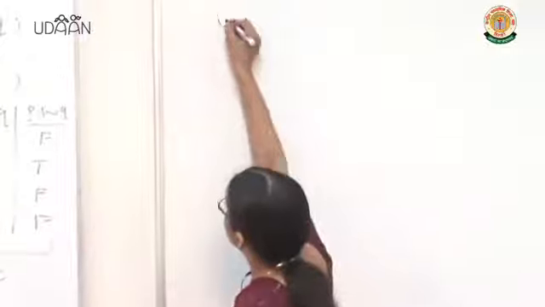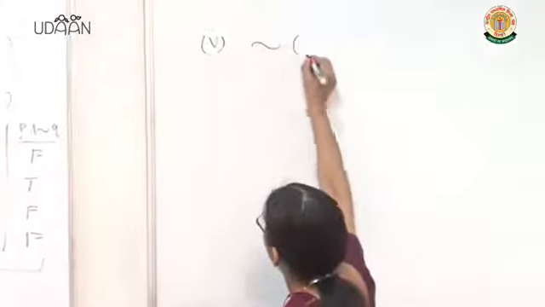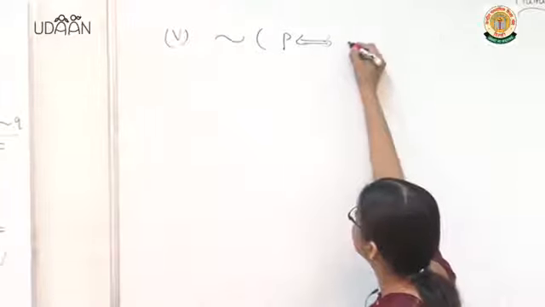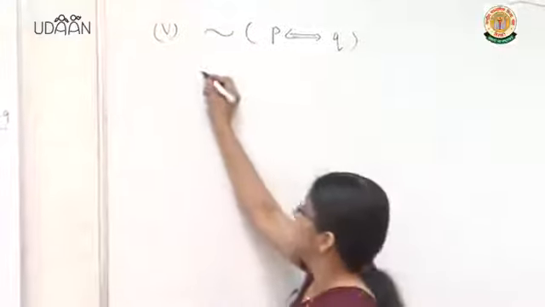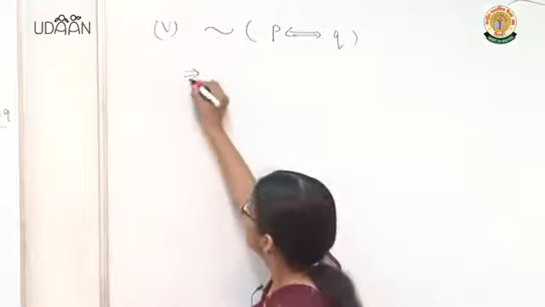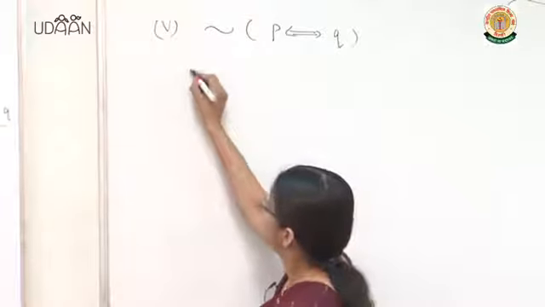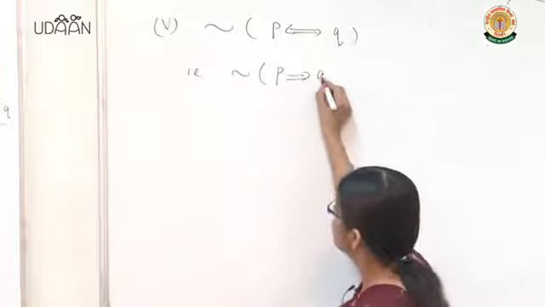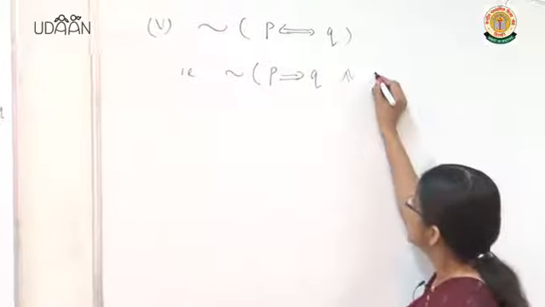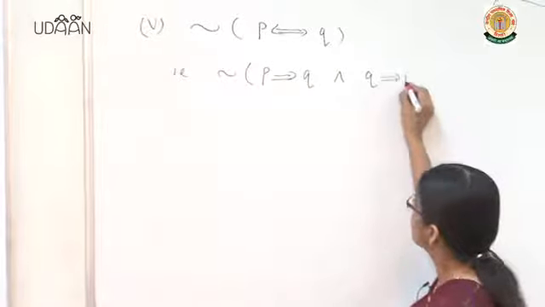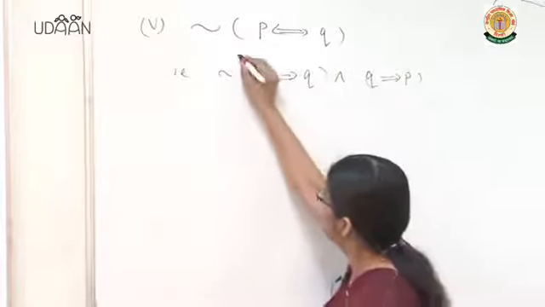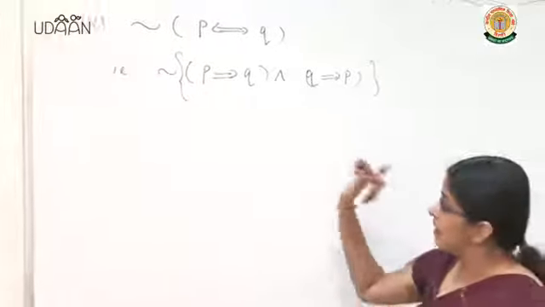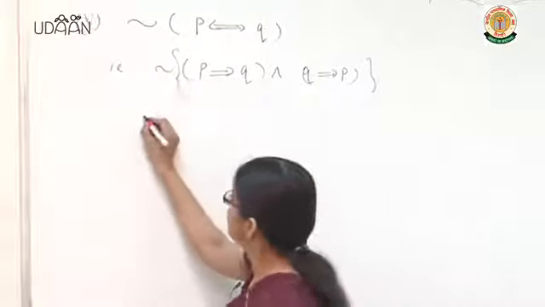And proceeding further, can you tell what is the negation of P implies and implied by Q? Let us see. This is negation of P implies Q and Q implies P. Simplify this.